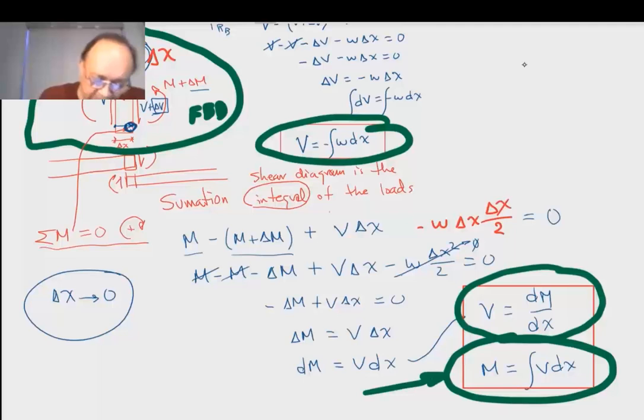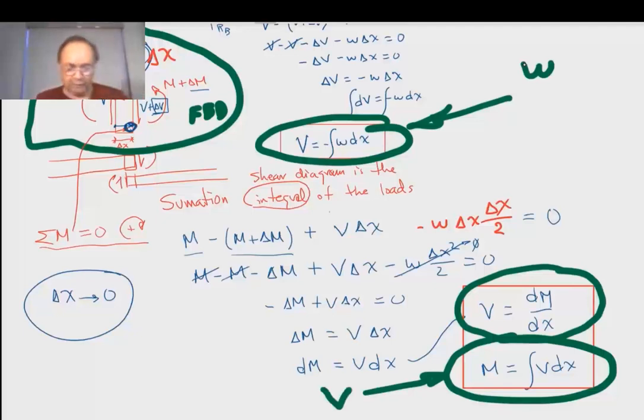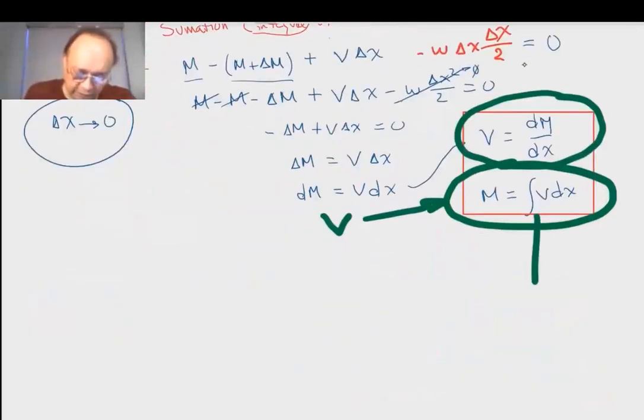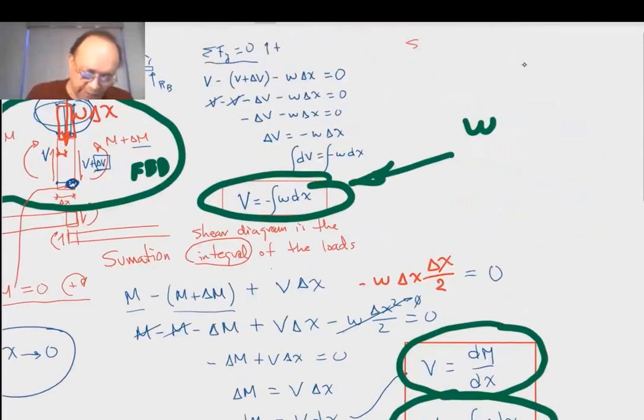So we can use the same technique that we used to find the shear diagram based on the loading to find the moment diagram based on the shear. See, the expression is very similar. Keep that in mind. Remember, the moment diagram is the areas. Integral means area.